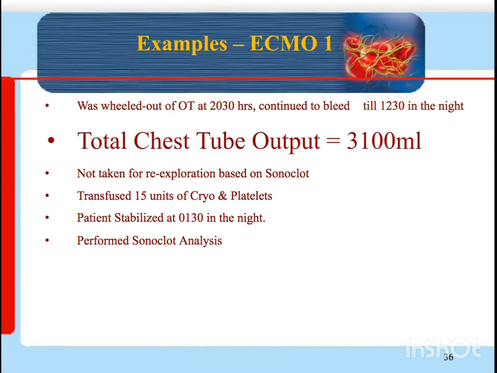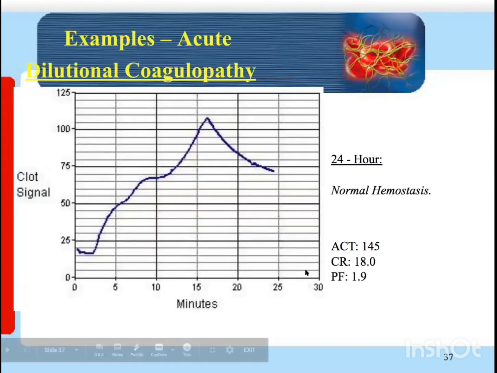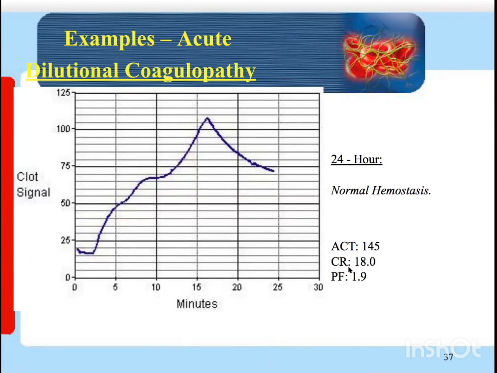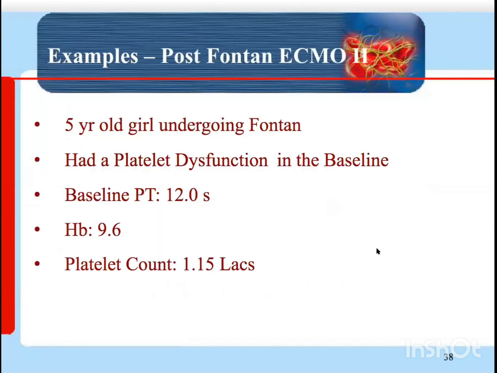When we performed the repeat sonoclot analysis, you can see the clot formation became better, the clot retraction was better, and so was the peak and the platelet function. It came from 0.3 to 1.9. So that is the beauty of a simple machine called sonoclot, where your clot retraction, which was low at 6.3, becomes 18, your ACT becomes 145, near normal, and your patient does better.